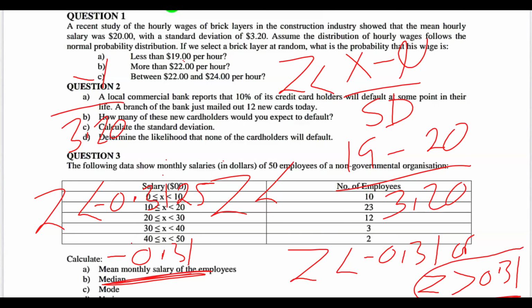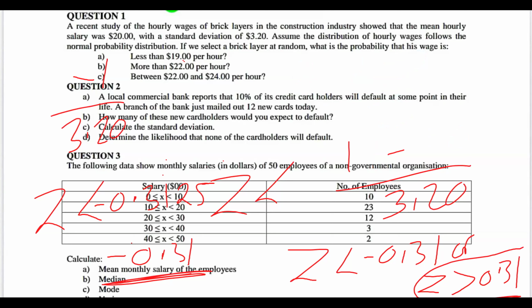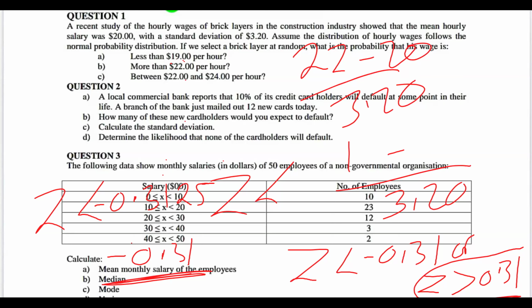Okay, let's go to this other one, the B1. I think we can do the conversions in advance so that when you go to the table, it's easy to work with. For 22 minus 20 divided by 3.20, what is the Z? And actually Z is greater than, it's more than. More than simply means greater than. No one should fail a question under standard normal distribution.